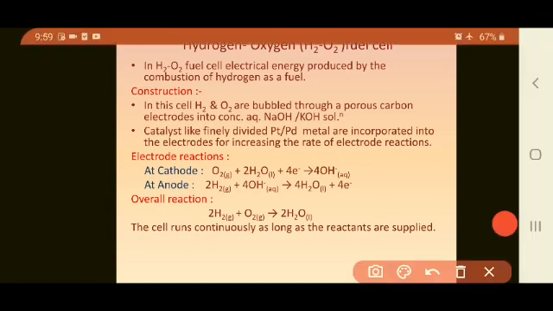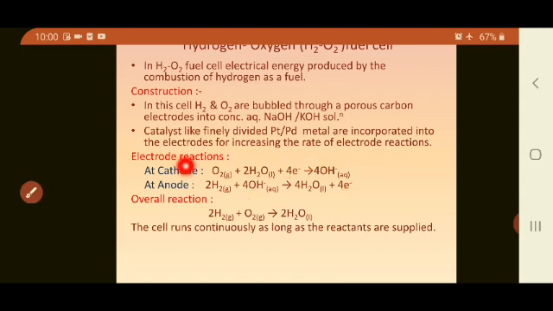If you see the overall reaction, these 4 electrons get cancelled. Then 4 OH get cancelled. What remains? There are 2 H2O on the reactant side and 4 H2O on the product side, right? So if we shift this, it will come as 2 H2O, means 2 H2 plus O2 gives 2 H2O.